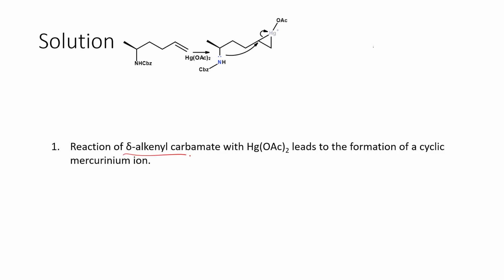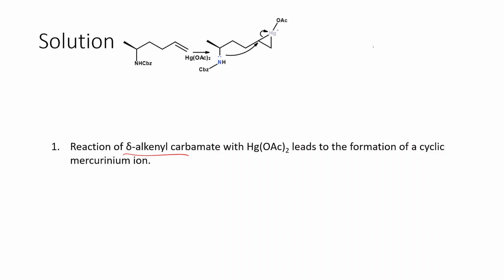Here we have a delta alkenyl carbamate that is treated with mercuric acetate. This forms the mercurinium ion. In most mercury 2 based reactions, a water molecule will be used in the next step to open up this cyclic mercurinium ion.